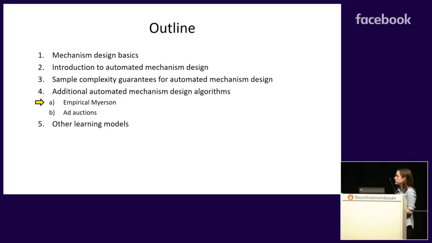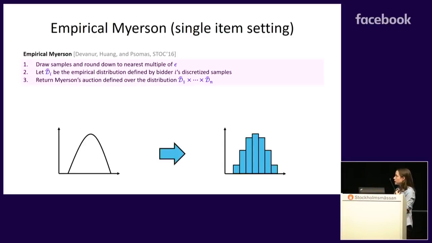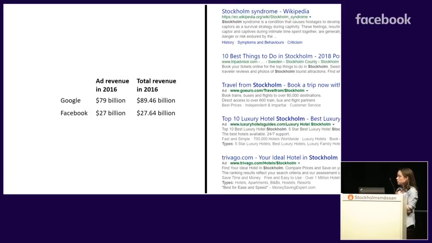Unfortunately, just due to time, I'm going to have to skip over the empirical Myerson section, which is for the single item case, but it's a beautiful line of work, and we'll post the slides very soon so you can find them online. And I'm going to go quickly through ad auctions.